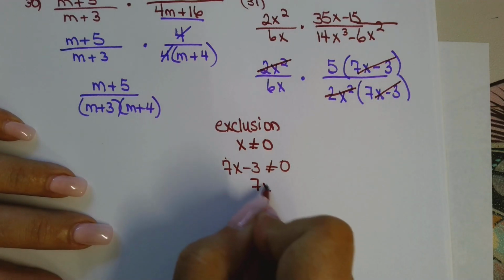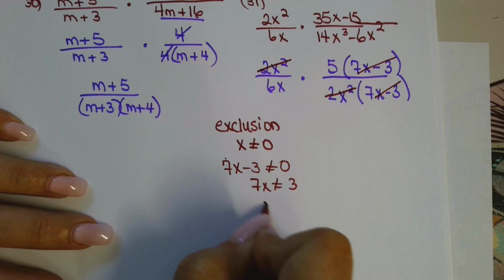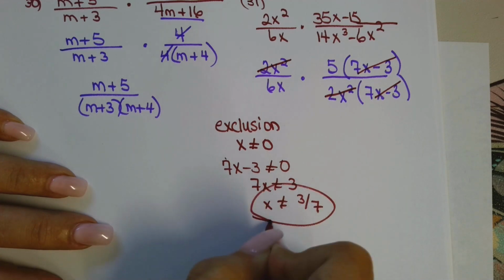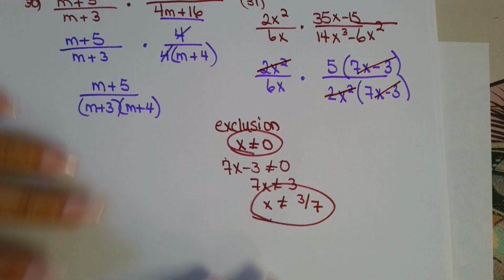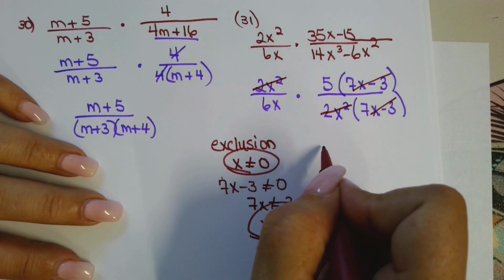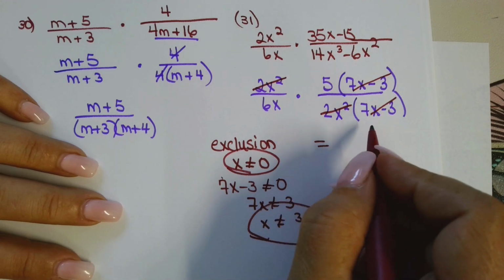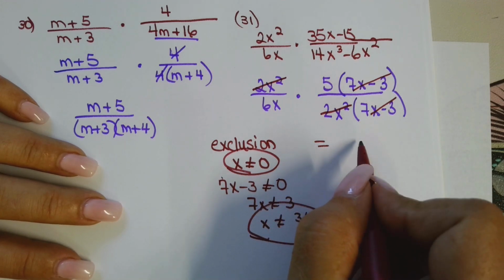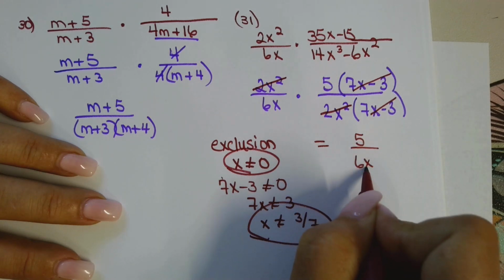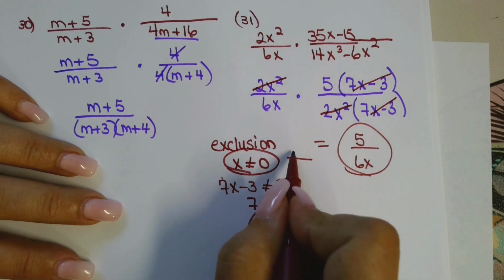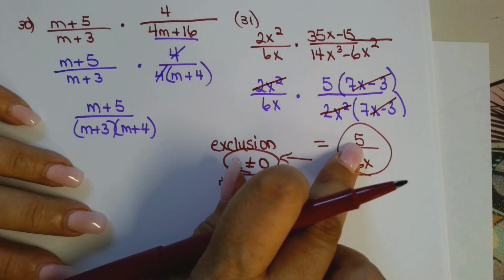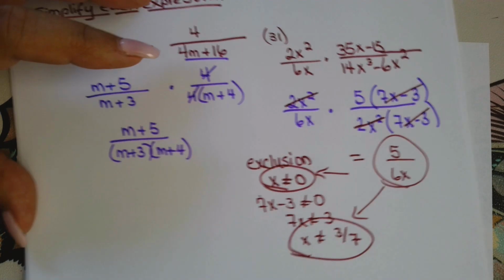So 7x cannot be 3. X cannot be 3 over 7. So that is another exclusion. Again, you don't have to worry about it on the test. So when it all is said and done for number 31, you are left with 5 over 6x. And these are your exclusions. But once again, this will be the only answer you need to worry about.